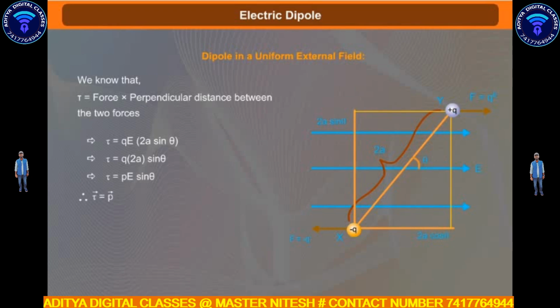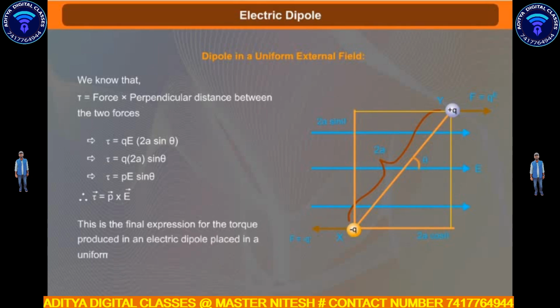Therefore, tau vector is equal to P vector cross E vector. This is the final expression for the torque produced in an electric dipole placed in a uniform electric field. It represents the cross product of dipole moment P and electric field E.